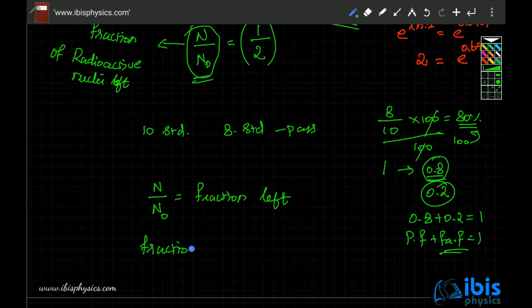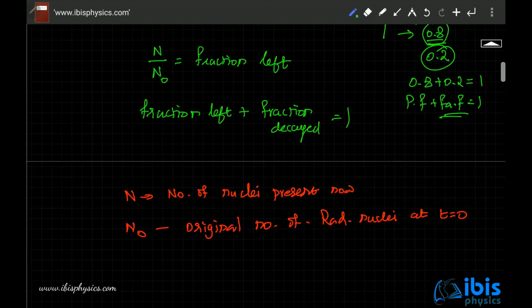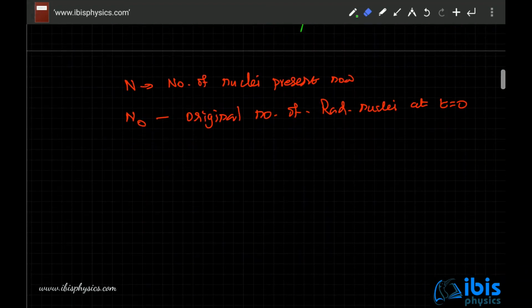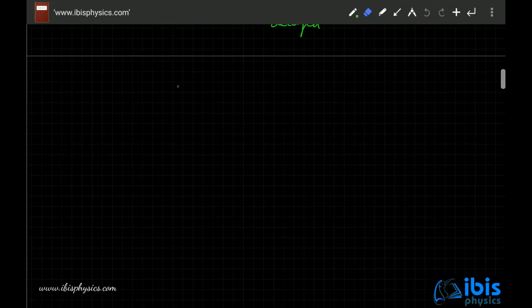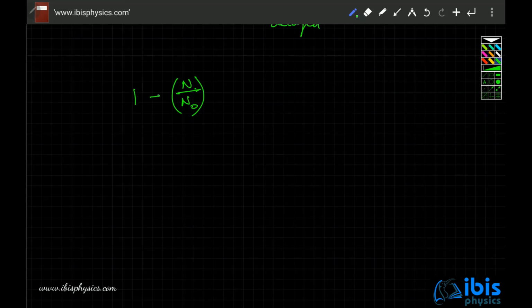Similarly, fraction left plus fraction decayed is always equal to 1. If N by N naught is fraction left, 1 minus N by N naught is fraction decayed.